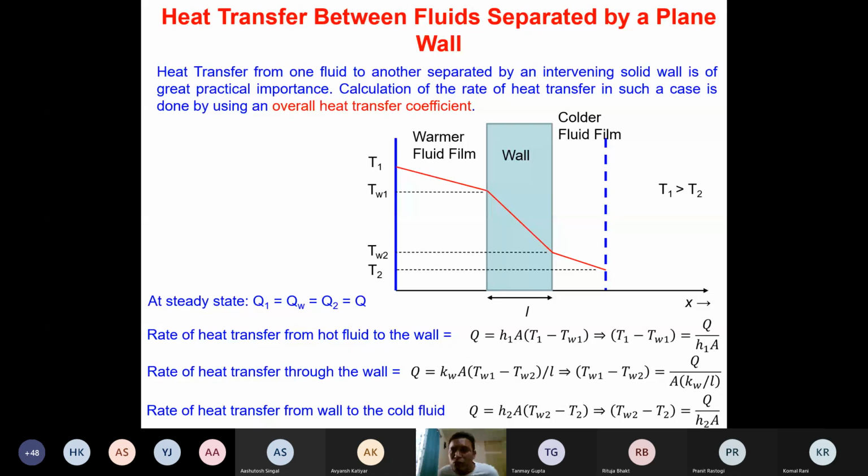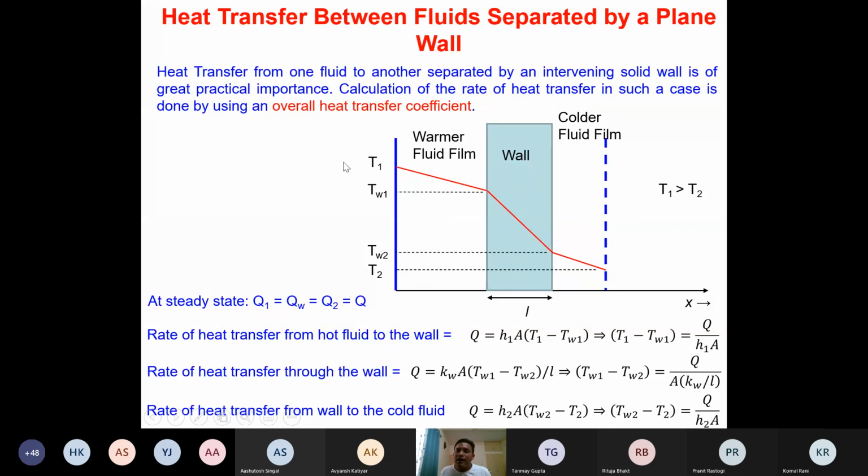Okay, so now let us look at this situation here. There is a solid wall. On the left hand side of this solid wall there is a warmer fluid, and this is the film thickness of the warmer fluid, and beyond this film thickness there is the bulk of the warmer fluid. Again, on the right hand side of this wall there is a colder fluid film, and beyond the film there is the bulk of the colder fluid.